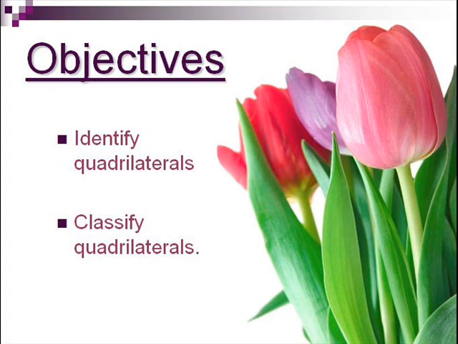When stating the objectives, I will be sure to explain to students that there is more than one name that we can use to describe some quadrilaterals. Because there is more than one name, we are going to use the most specific name for a quadrilateral, because that specific name will give us the most information about that figure.